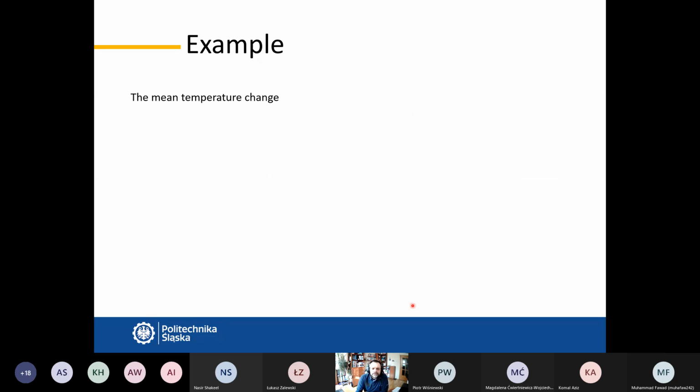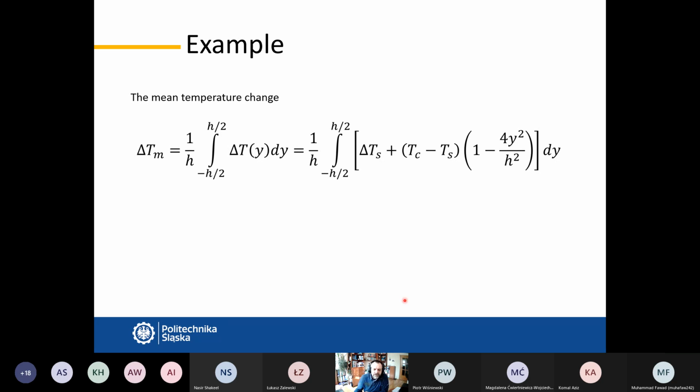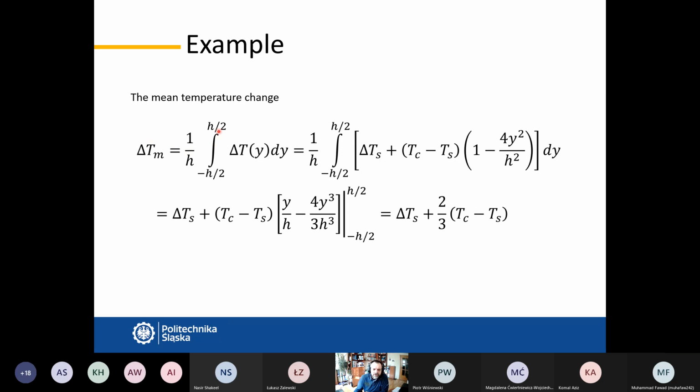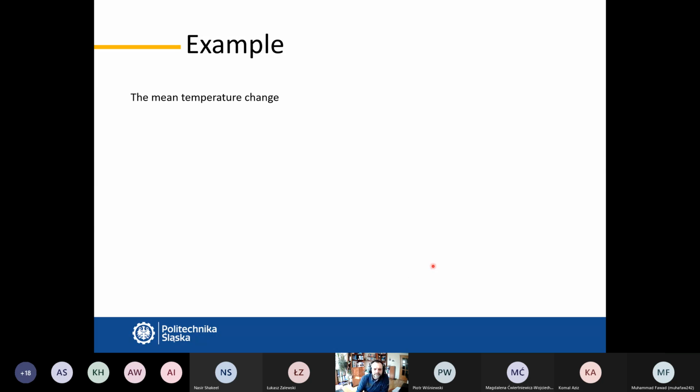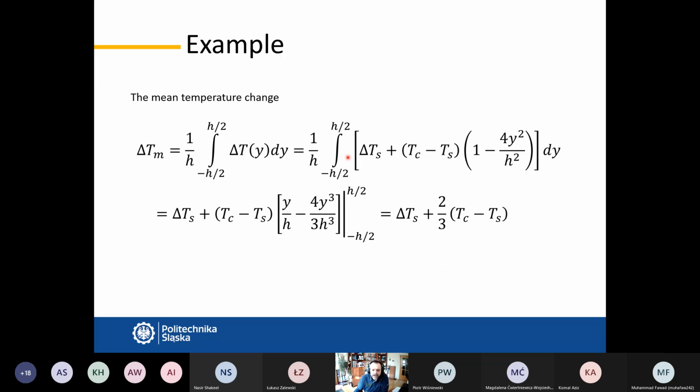The mean temperature change in the cross-section, delta Tm, is 1 over h, and we integrate it from minus half of h up to half of h. So from here to here. And this is delta T, which is a function of y.